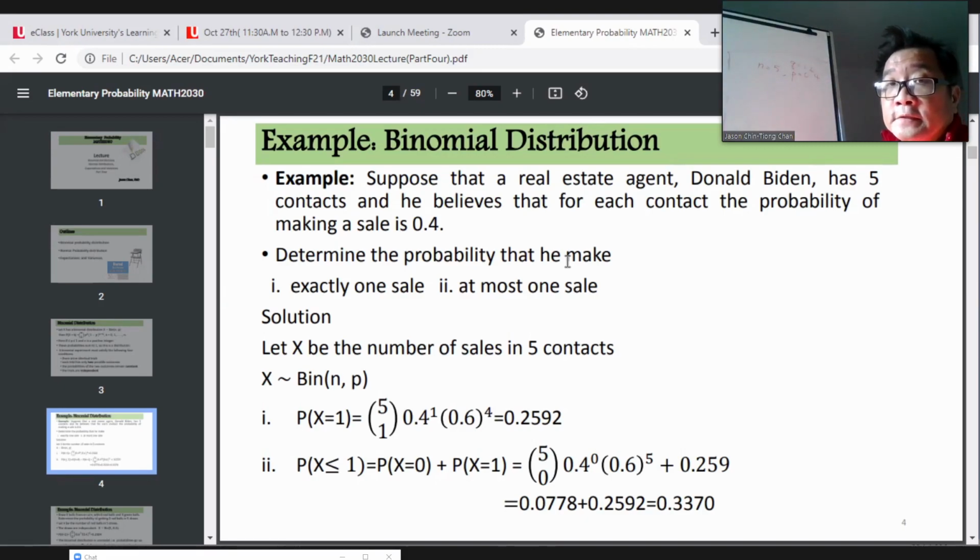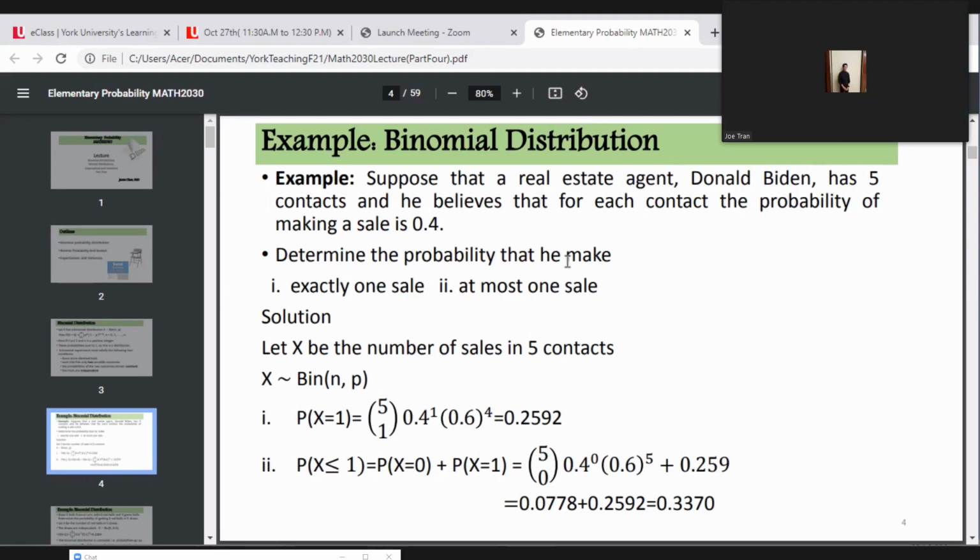Now, do you agree the first one and the second one have the same answer, or different answers? First question and the second question.